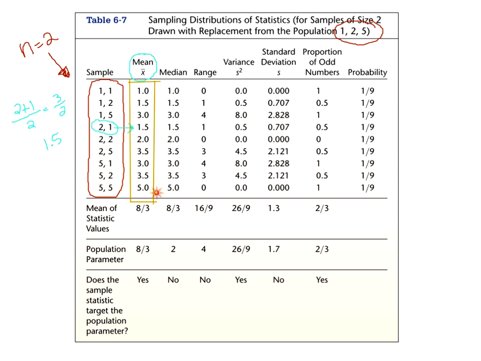You're going to add them together and divide by 9 because we had 9 samples. So when you add all these up and divide by 9, what do you get? Add up those numbers that I put a box around, divide that by 9, and let me know what you got.